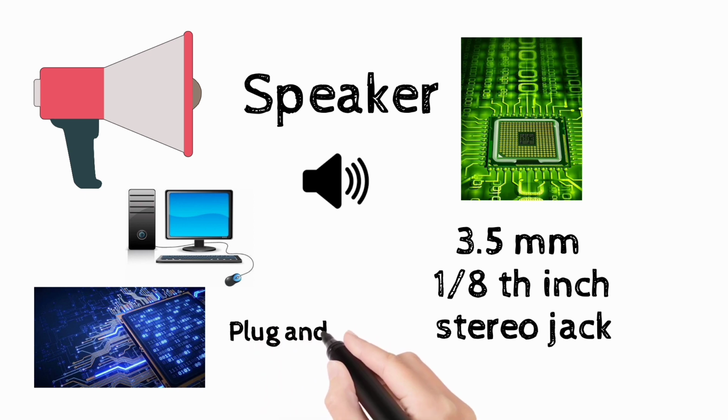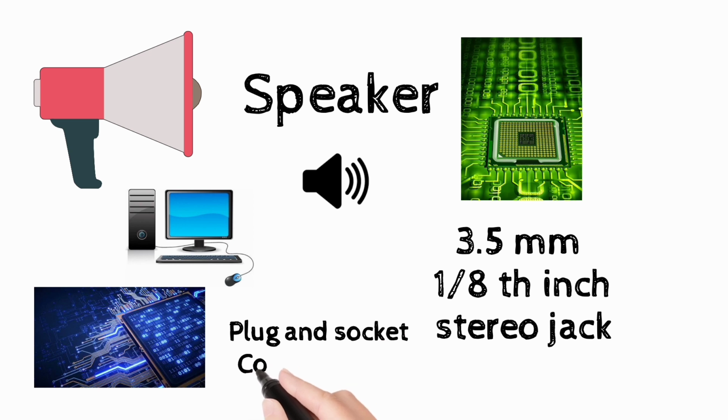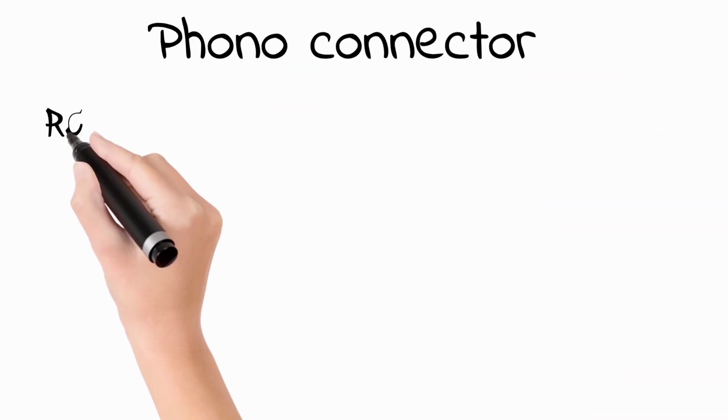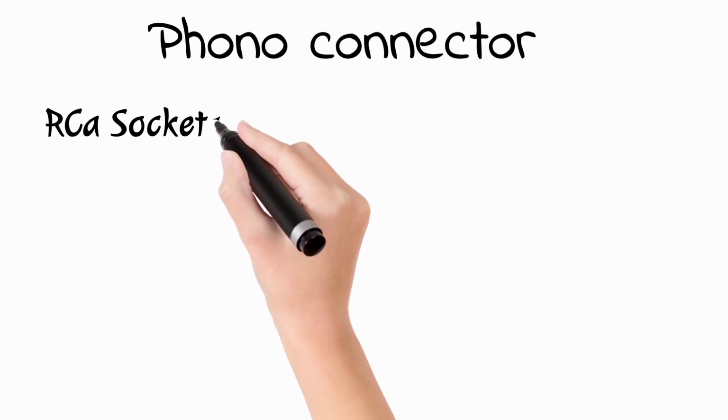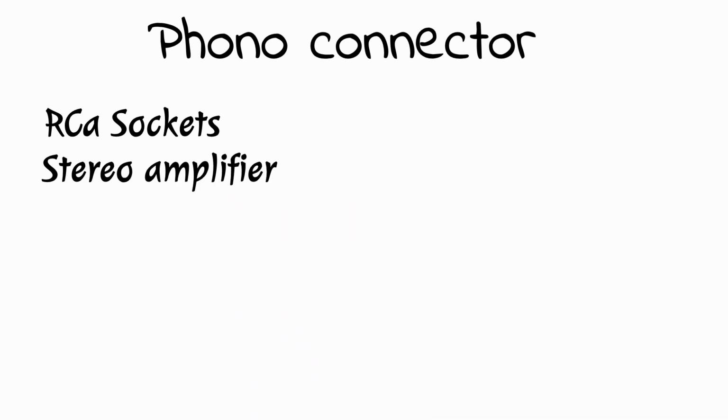RCA connector: a plug and socket for a 2-wire signal and ground coaxial cable that is generally used to connect analog audio and video components. Also called a phono connector, rows of RCA sockets are found on the backs of stereo amplifiers and numerous A/V products.